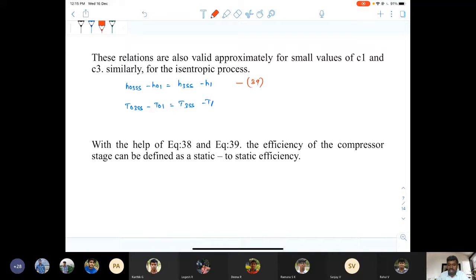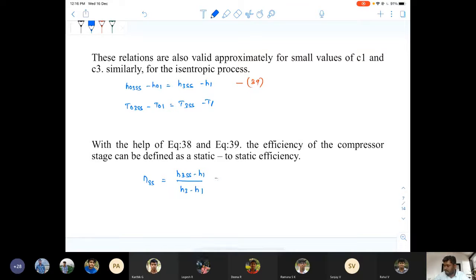Okay, with the help of equation numbers 38 and 39, you can define the efficiency of the compressor stage as the static to static efficiency. This static to static efficiency is given by eta ss equal to H3ss minus H1 divided by H3 minus H1.